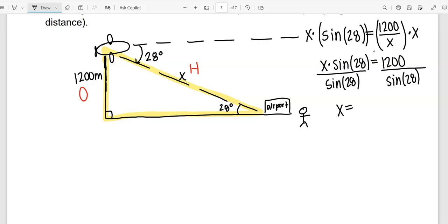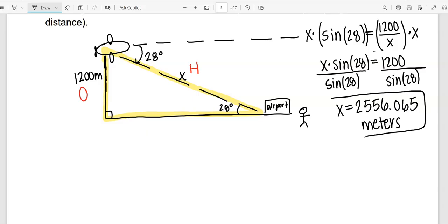Good. Yep. Okay, big number. 2,556.065. And what are my units? Close. Meters. The fact that it's a word problem was a big red flag of like, oh man, I need units on this. If it's a word problem, you definitely need to put units. So the airplane is 2,556.065 meters away from the airport.